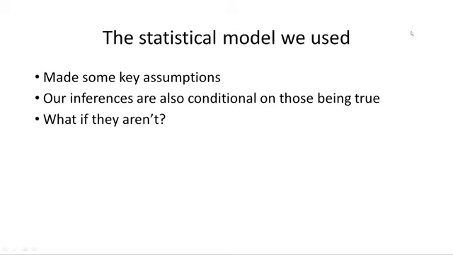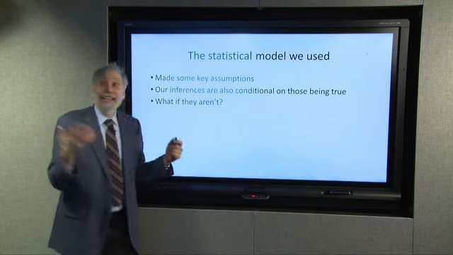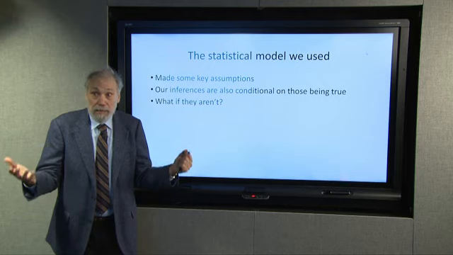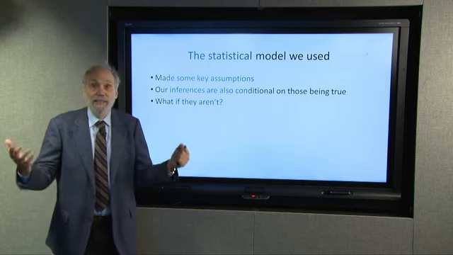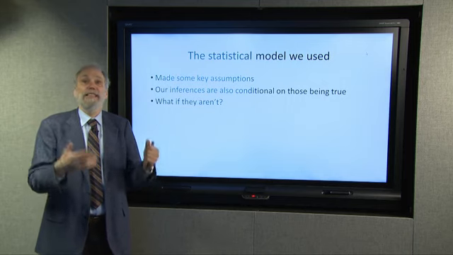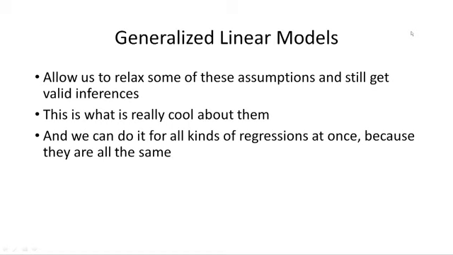And our inferences are also conditional on some of the assumptions we make about each of these different kinds of regressions that we fit to different kinds of data. What if they're not met? Then we're also going to get potentially biased estimates, biased confidence intervals. We can reach the wrong conclusion.